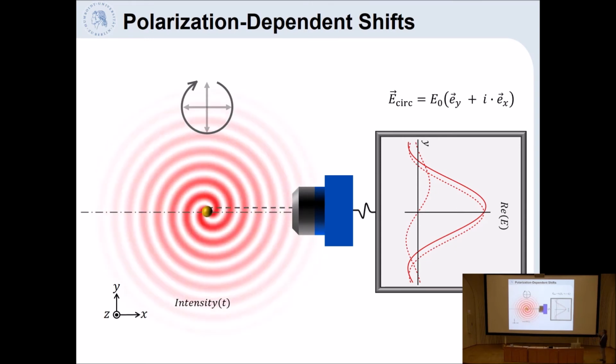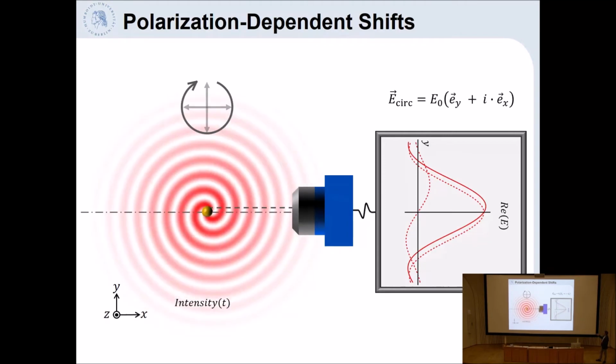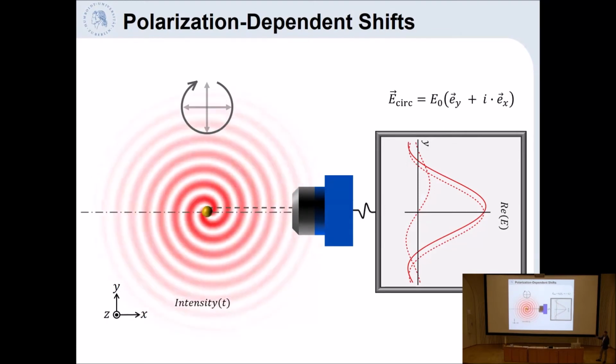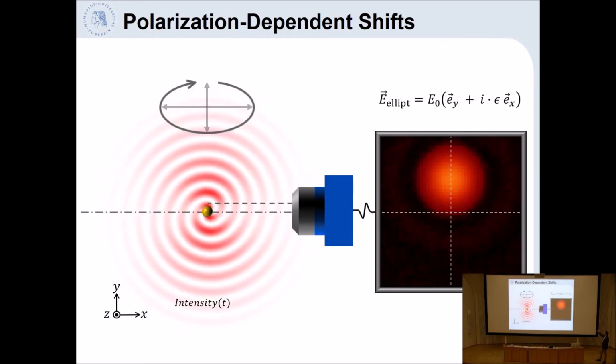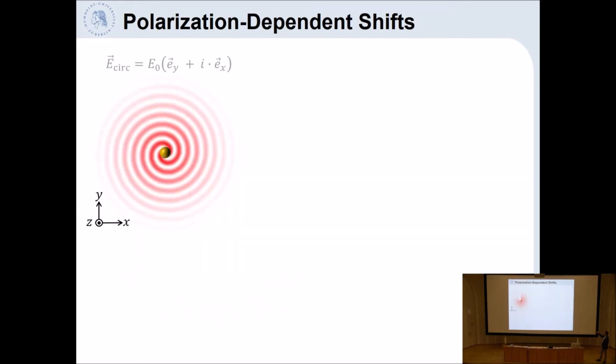And now, looking at that, it also becomes clear that if I enhance the amplitude of this field component, so I increase the field gradient of this donut mode by increasing its amplitude, then I will get a larger shift. Okay, and this shift is actually proportional to this field component here.